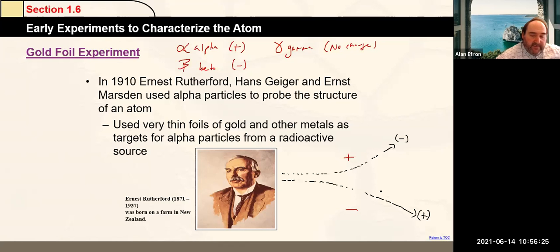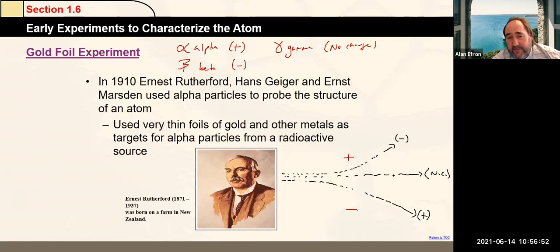Now, if we shot a particle through this electrical field and it went straight through, we could assume it had no charge. It's not attracted to or repelled by the positive or negative because it has no charge. Using that information, it helped Rutherford do an experiment.